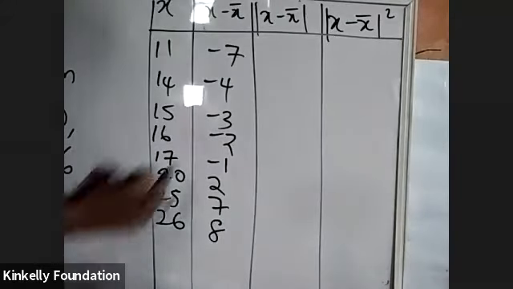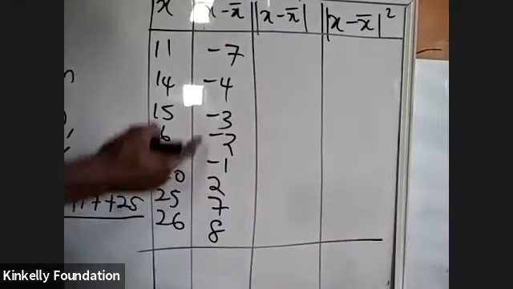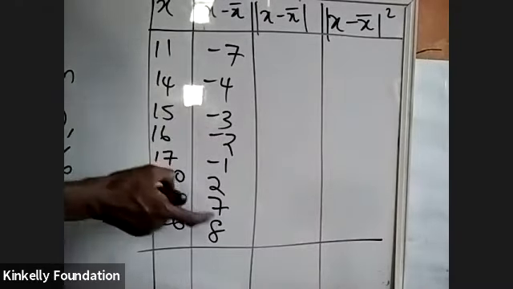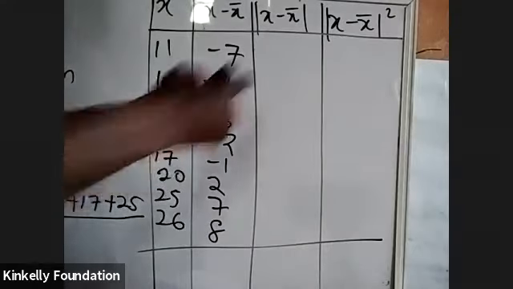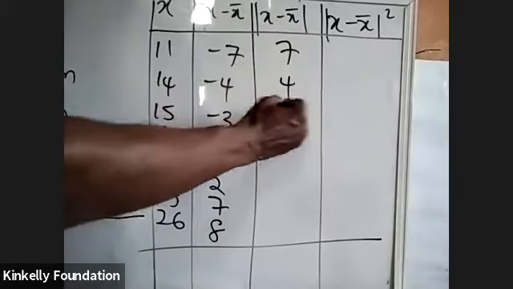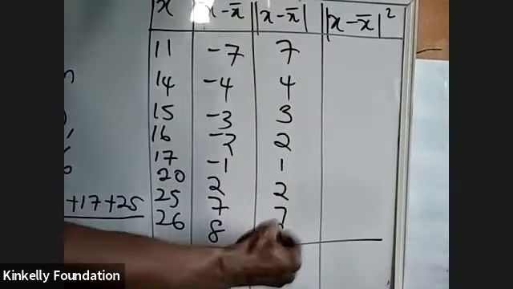Now remember, when you sum these, it gives us 0. The positives cancel the negatives. Now we have the absolute values: 3, 2, 7, 3, 4, 2, 1, 7.